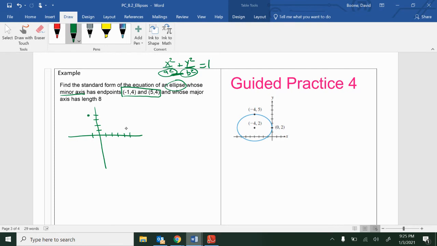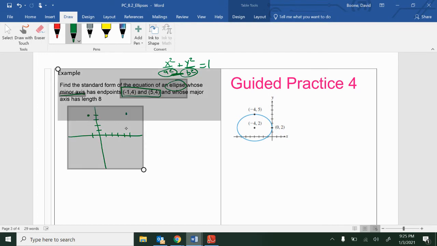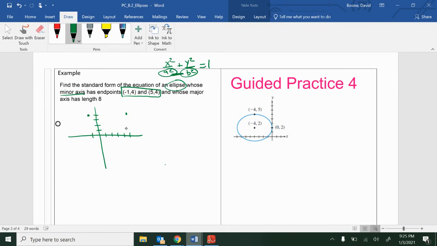All right, so that's right here. So these are the endpoints of the minor axis, which means that what we know is that the major axis has to go vertically. So if the major axis is going vertically, then I know this has to be the a squared. It has to be underneath the y. And the b squared has to be underneath the x then.